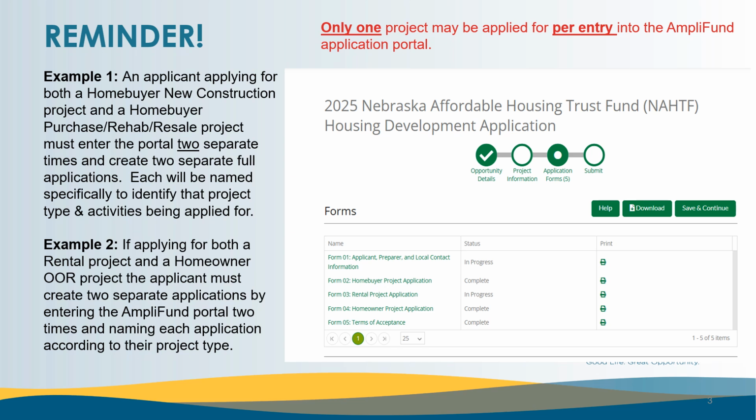Example 2, if you are applying for a rental project and also applying for a homeowner OOR project, you must enter the application portal 2 times and create 2 separate applications for the full application each time by entering the AmpliFund portal and naming each application according to their project type.